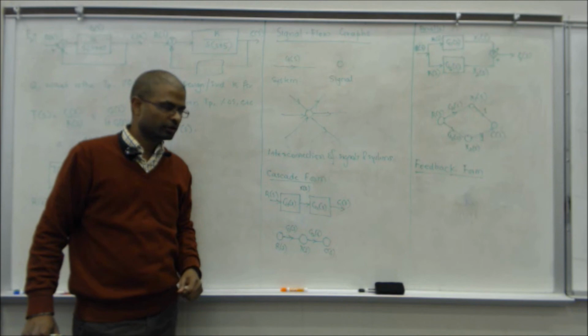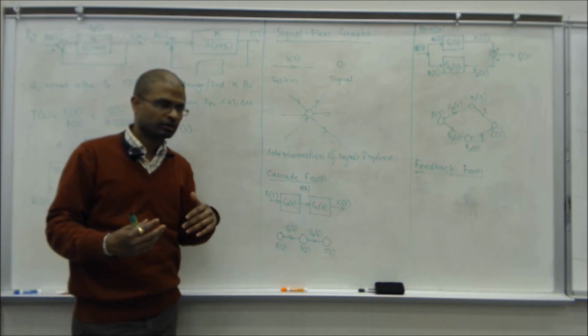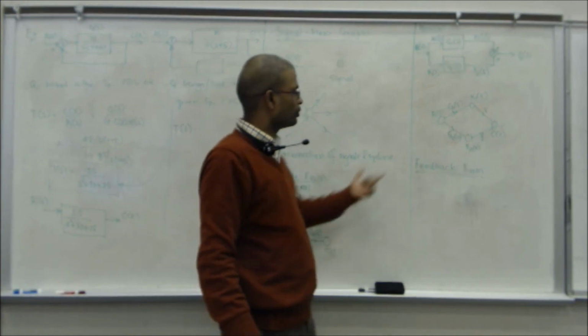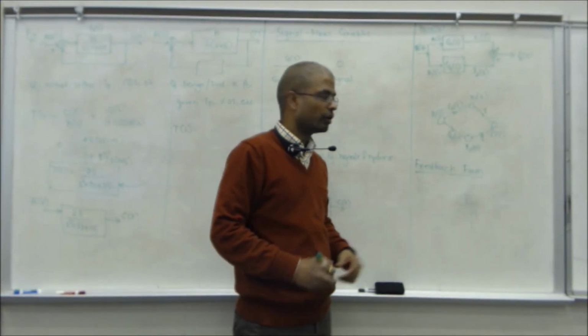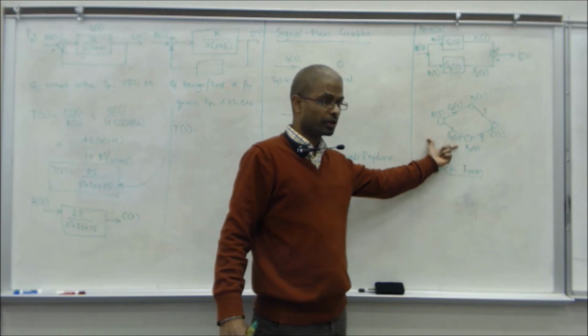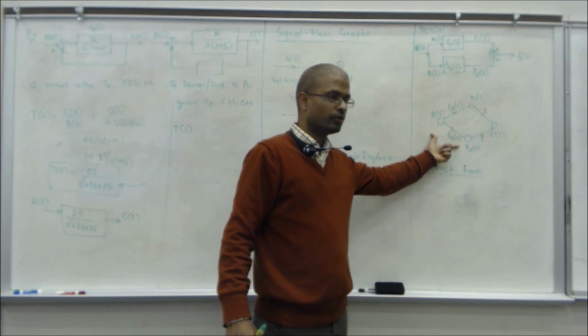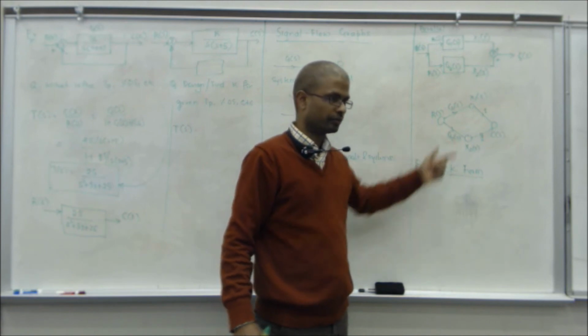So you do the block diagram first, and then you use Mason's rule, or you use signal flow graphs to construct this representation, and then you apply Mason's rule to get the equivalent transfer function.